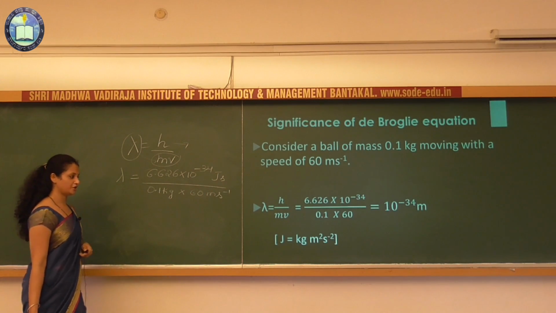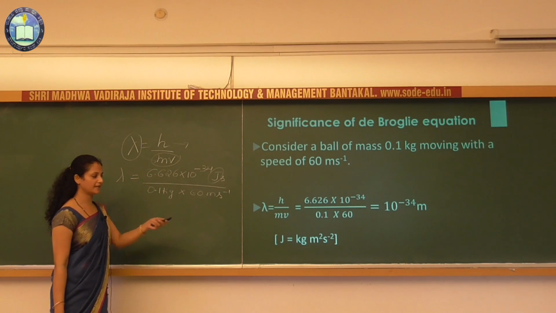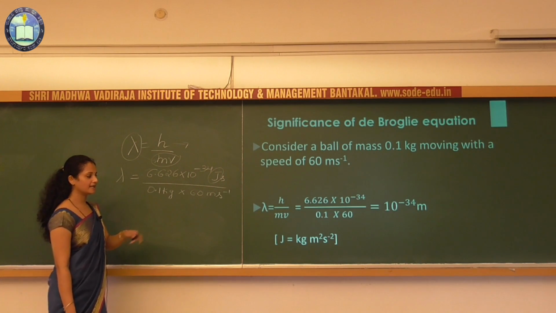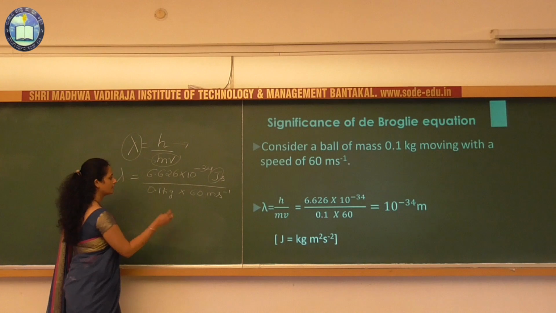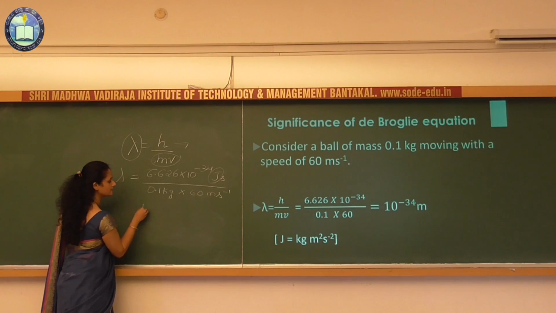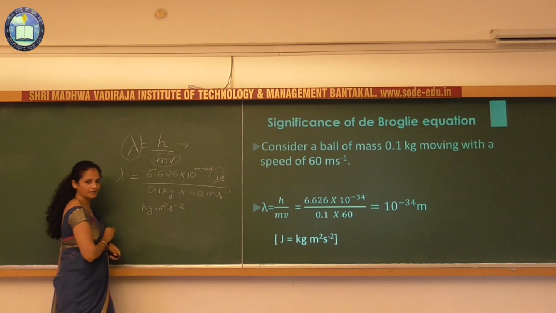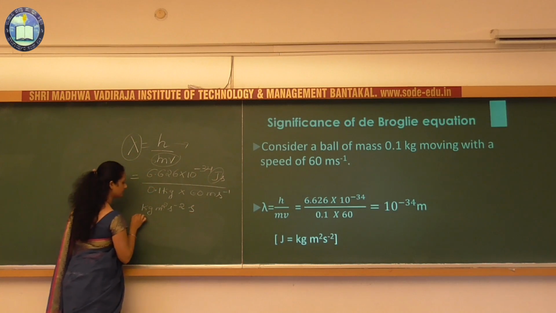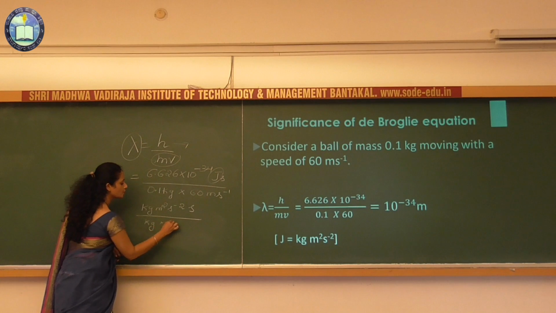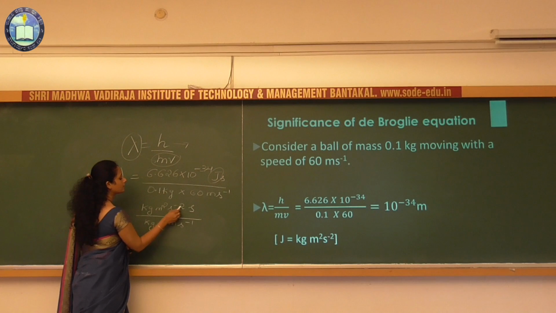For the unit simplification, joule is nothing but kg meter square per second square. So instead of joule, we substitute kg meter square per second square. Let me show the unit simplification first. Joule means kg meter square per second square, and second divided by kg into meter per second is in the denominator.